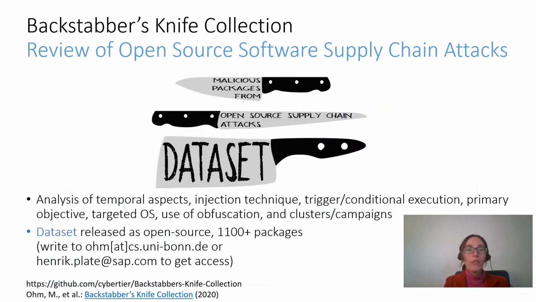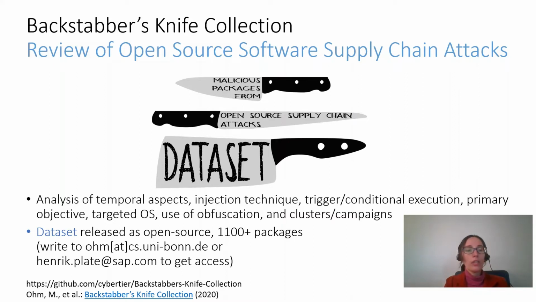A review of real-world attacks that were run between 2015 and 2019 is available in the Backstabber knife collection. In there, there is an analysis of such attacks in terms of targeted ecosystems, techniques used, temporal aspects, and many others. And the resulting dataset is available.